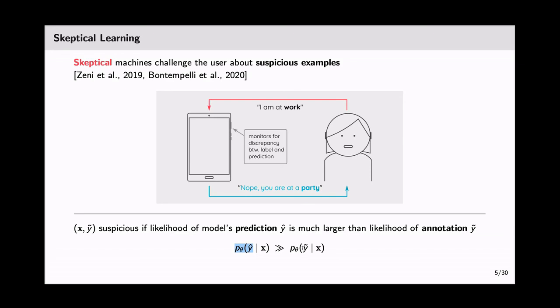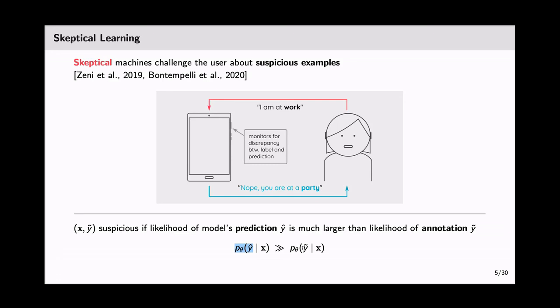I mean, there is an inconsistency. I don't trust the user because the confidence of the model on the label provided by the user is very low. So, only a comparison.